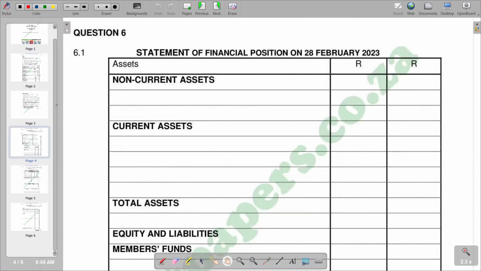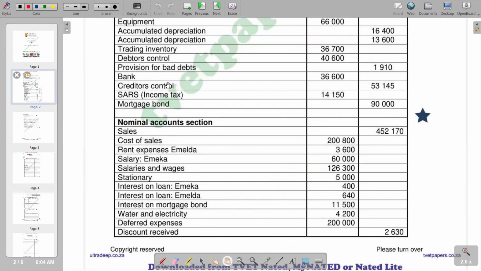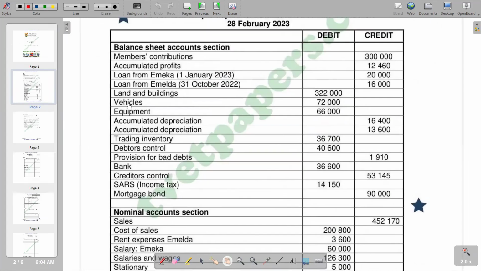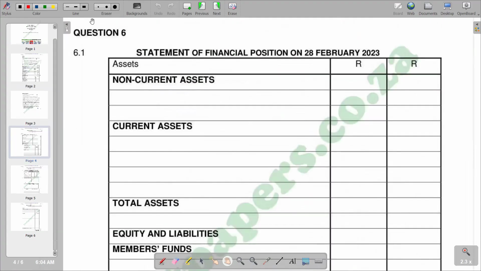So according to information given, we can see that we have got land and buildings, vehicles, and equipment being non-current assets. So we are going to give a description of property, plant, and equipment.